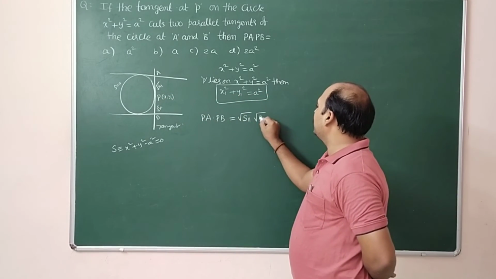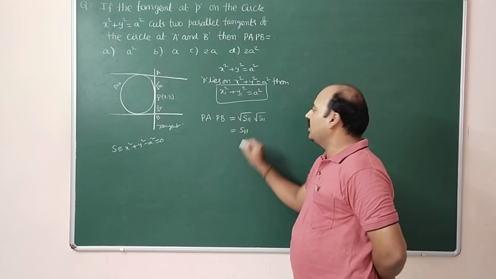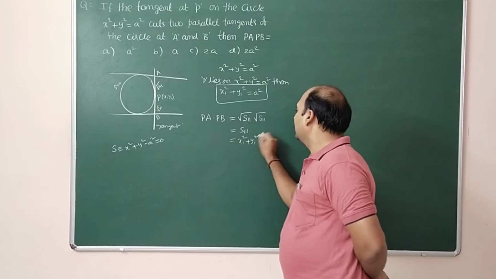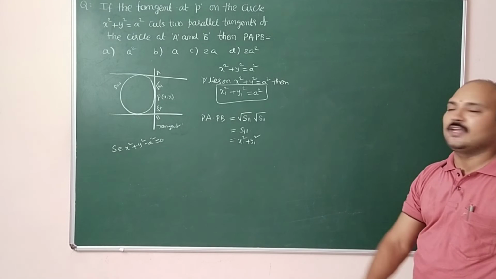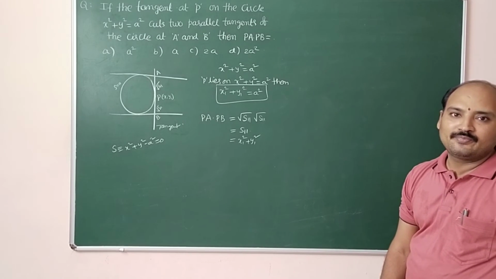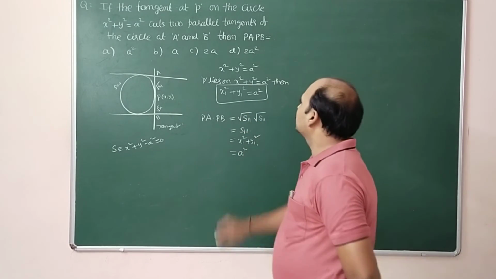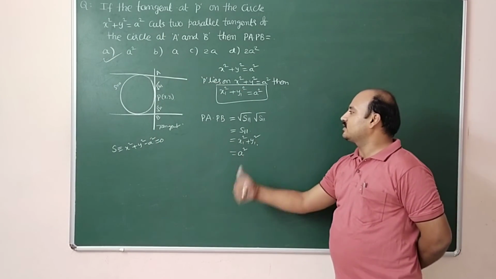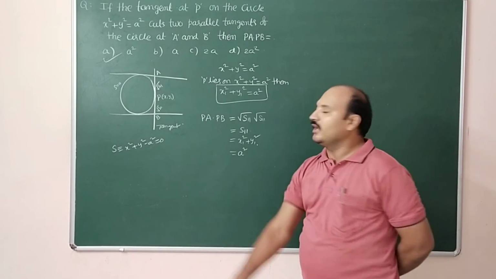So root S11 into root S11 is S11. What is S11? x1 square plus y1 square, only the circle I am considering. S11 value, x1 square plus y1 square equals a square. So the answer is the first option.